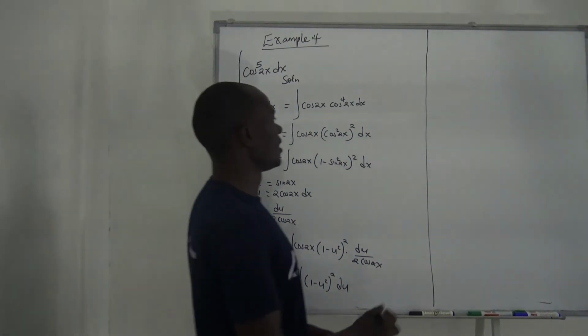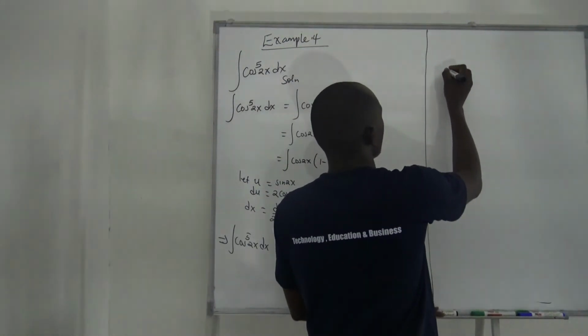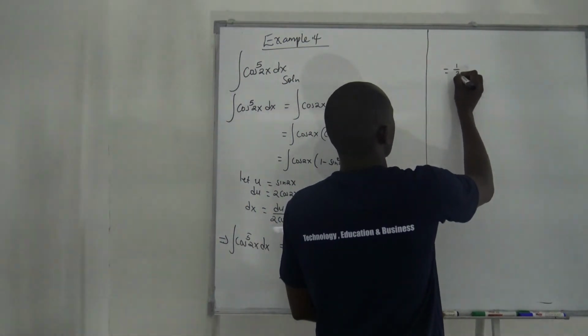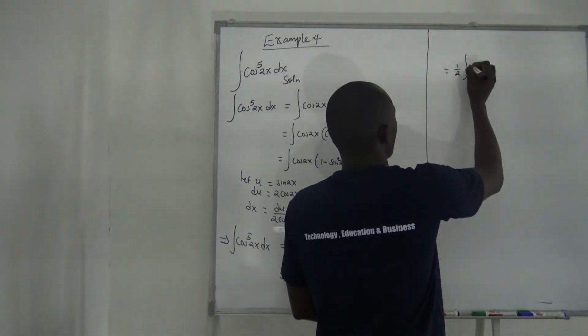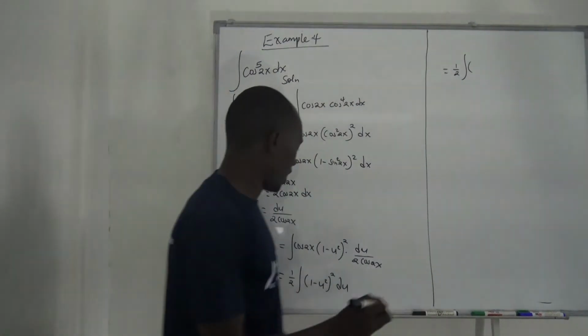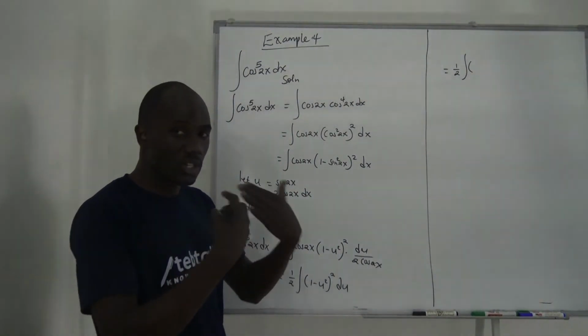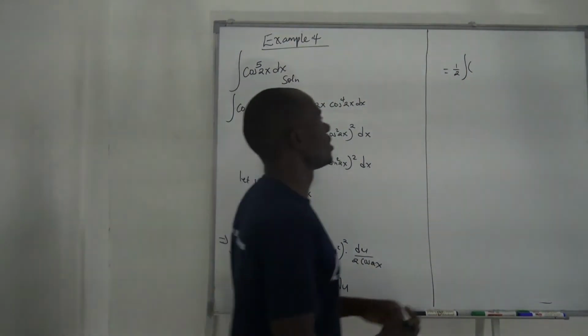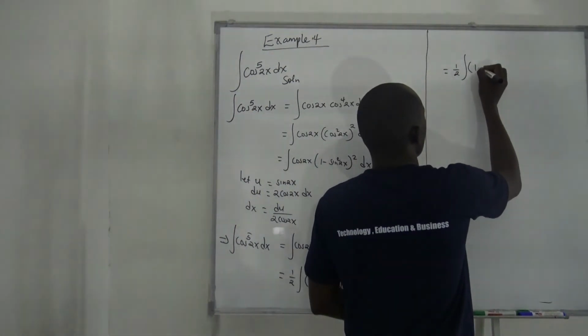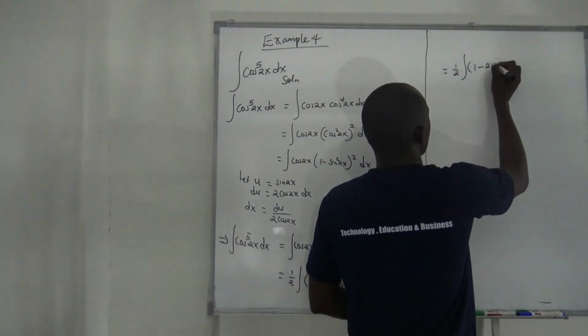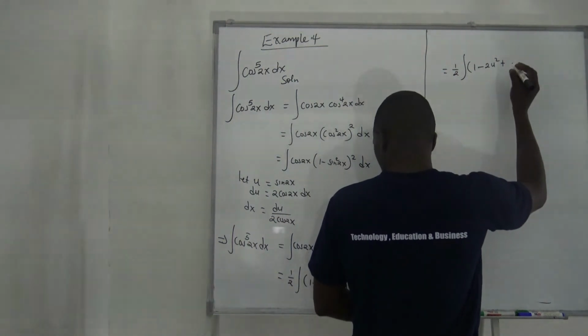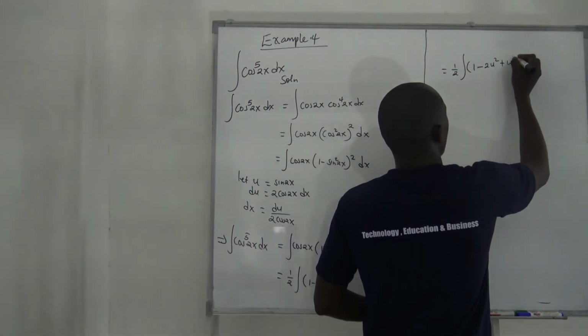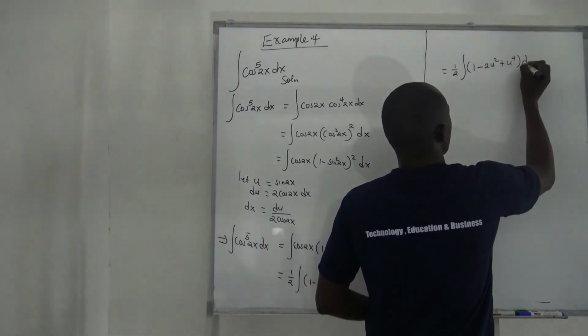This equals a half times the integral of, when we expand this, 1 minus 2u squared plus u power 4 du.